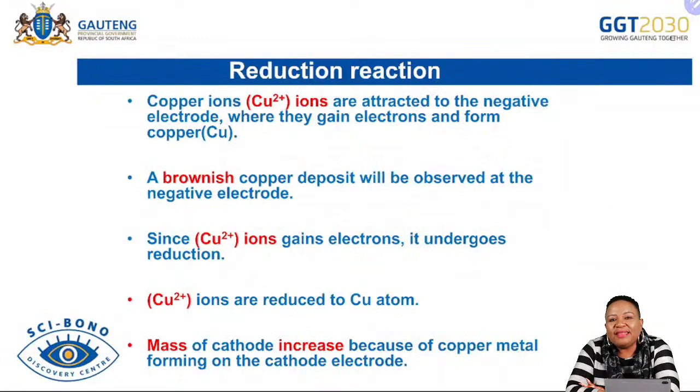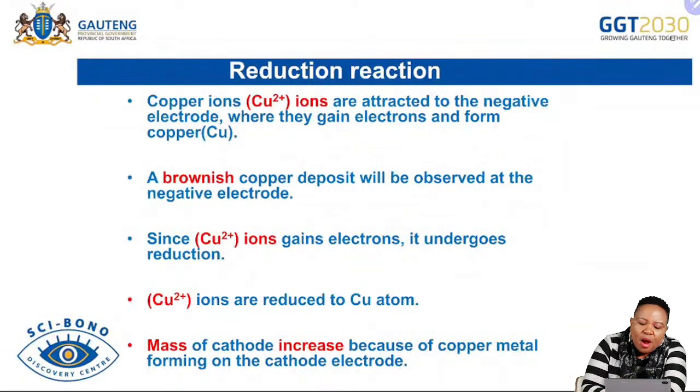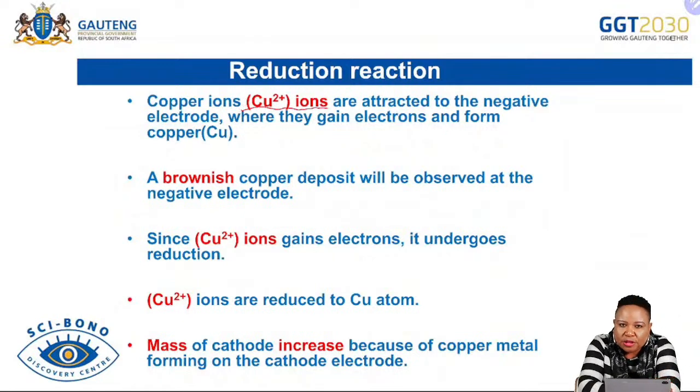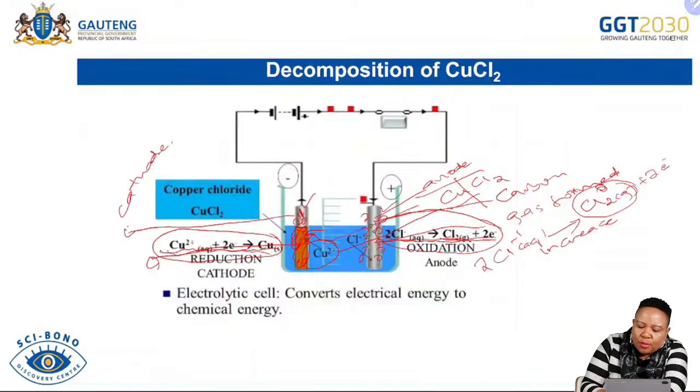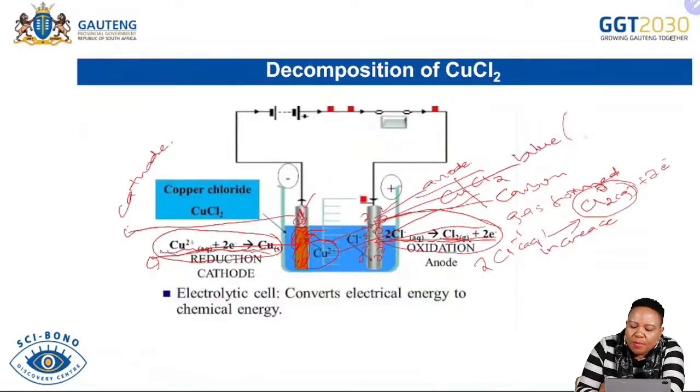Then what will happen at the reduction site? Remember, what is also inside the electrolyte is our copper 2+ ions, which are blue in color. We know that the color of copper 2 chloride is blue. What makes the color of the copper electrolyte blue is the presence of copper 2+ ions.